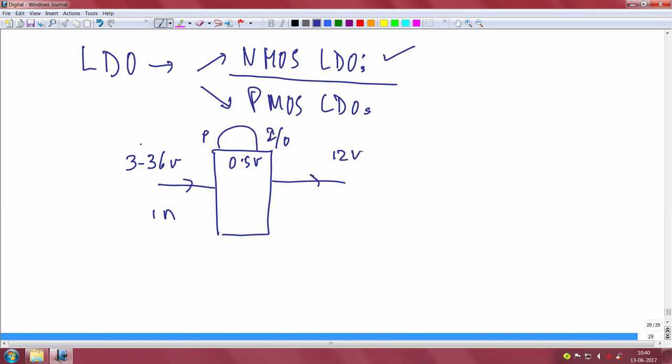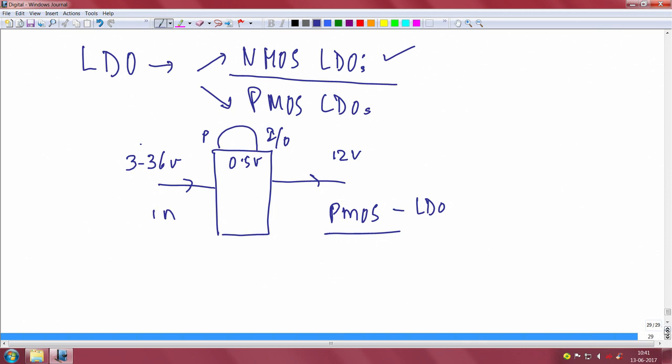If this is the kind of configuration, you can be more or less sure that this must be a PMOS based LDO. In other words, all that means is the series pass element is either an N channel MOSFET or a P channel MOSFET, that is all it means.